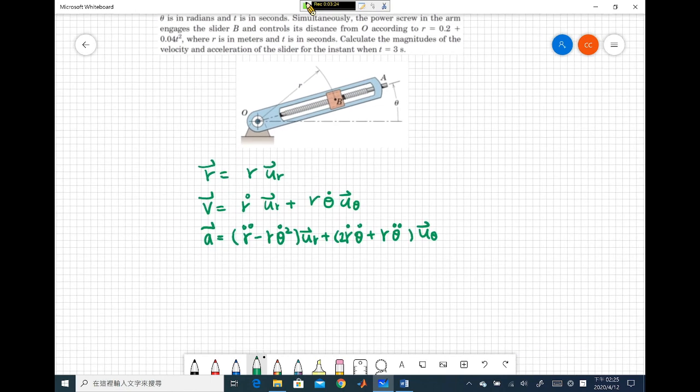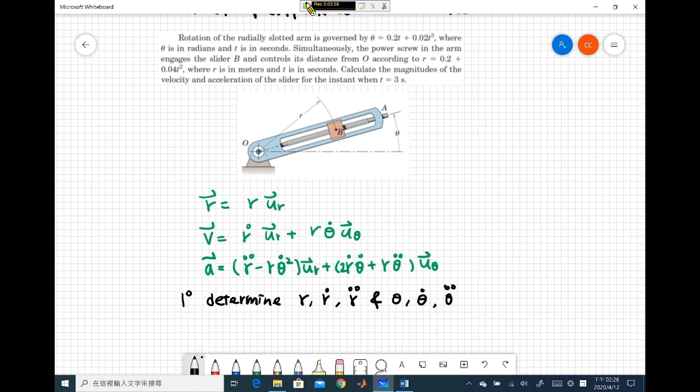So in this equation, our first step is that you want to determine your r dot, r double dot, theta dot, and theta double dot. Okay, the only condition we know is t is equal to 3 seconds.